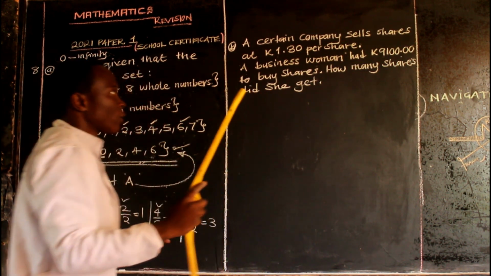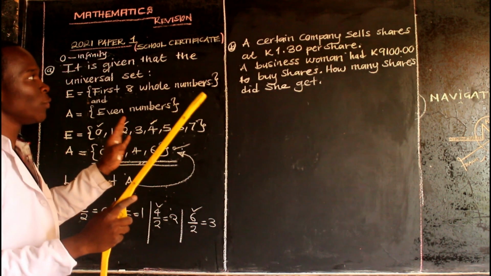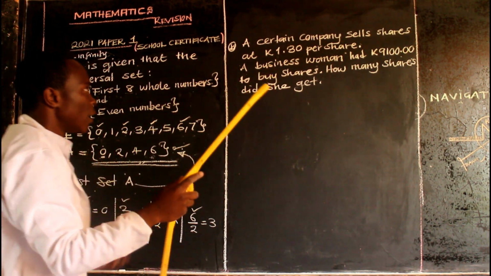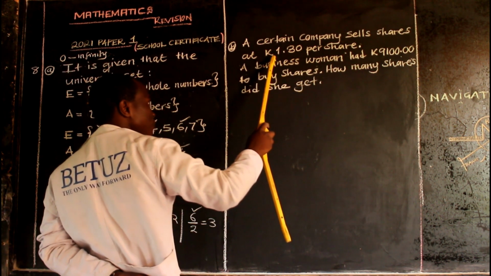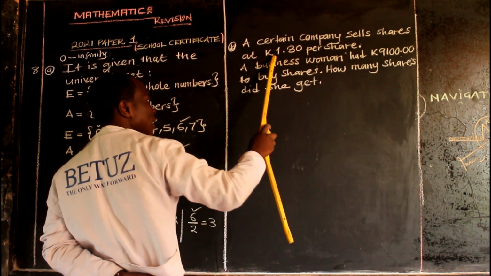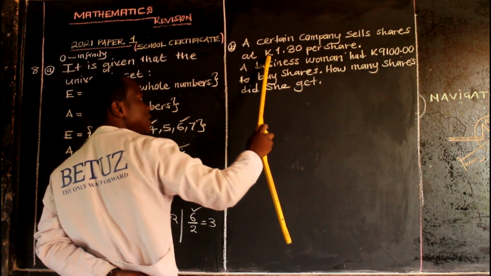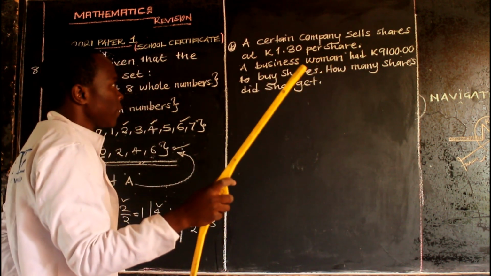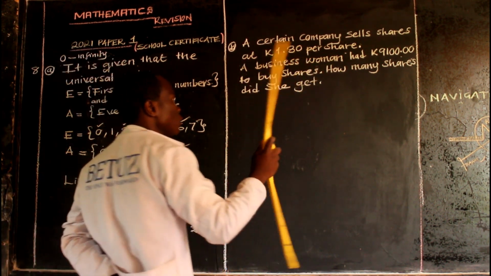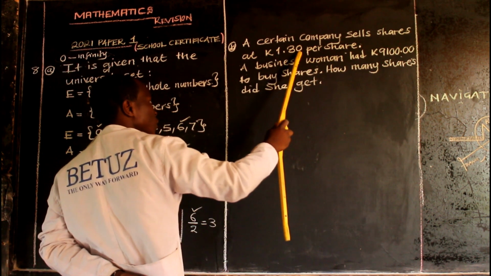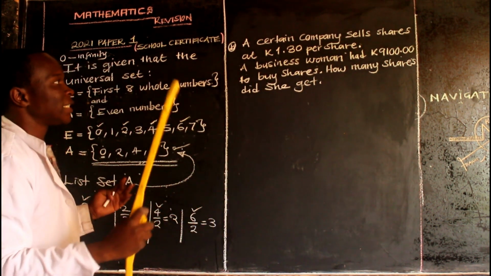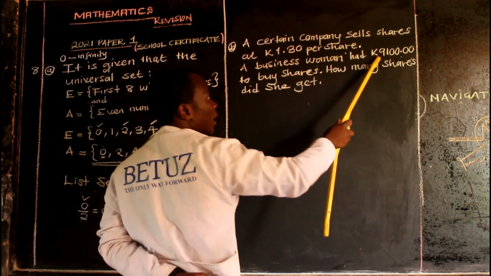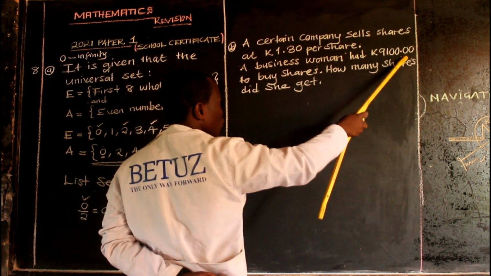So it's like we have got a company which sells shares. Each share costs 1 quarter 13. That's the cost of each share. Now a particular woman wanted to buy shares and she had 9,100 to buy shares.